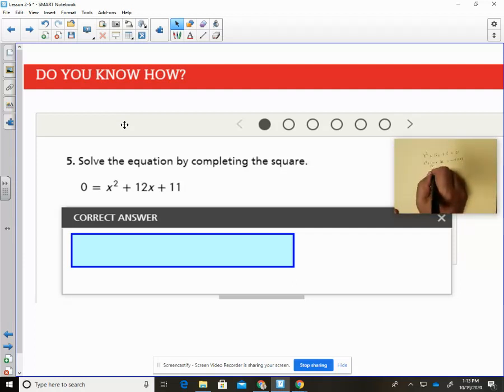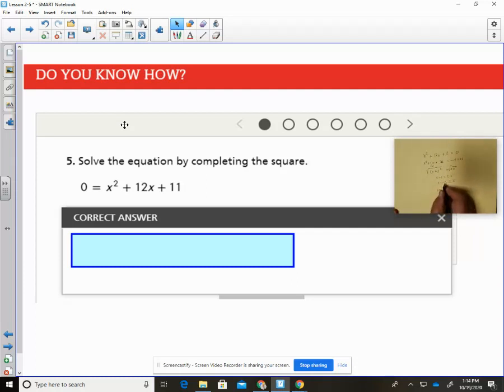So then that gives me x plus 6 squared equals 25, right? Yeah, make sure I'm adding right. Take the square root of both sides. x plus 6 equals plus or minus 5. x equals negative 6 plus or minus 5.